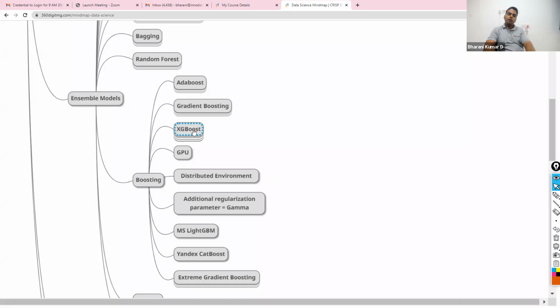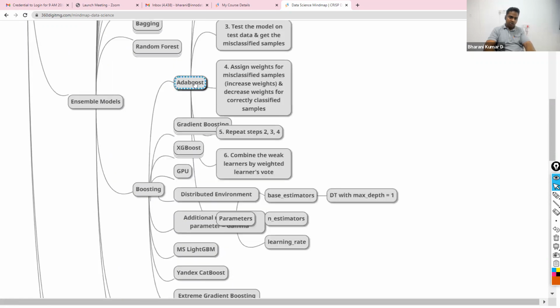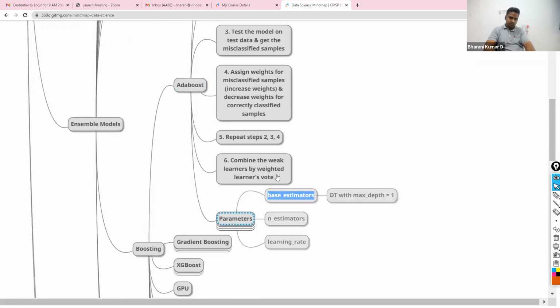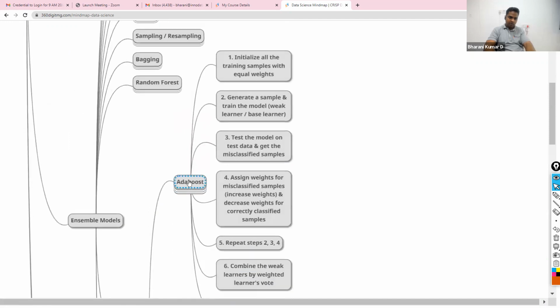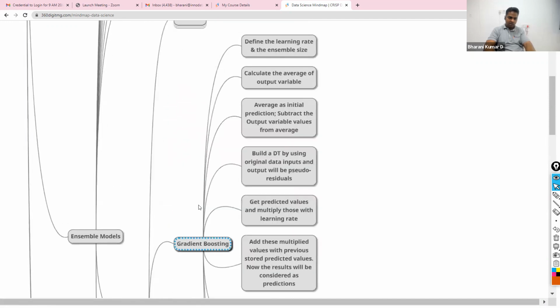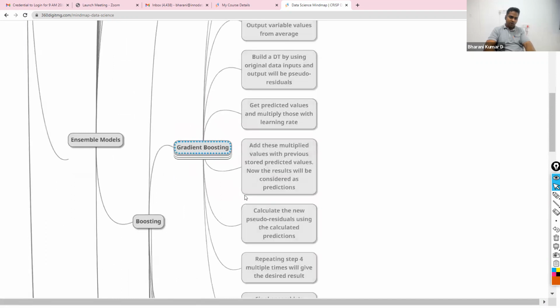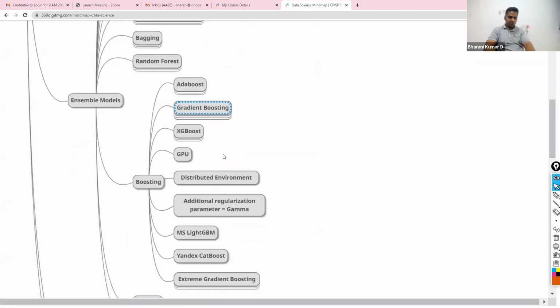And a lot of competitions are won because people started using extreme gradient boosting. But to understand extreme gradient boosting, we need to understand AdaBoost. And then we need to understand gradient boosting. And then we will get into extreme gradient boosting.